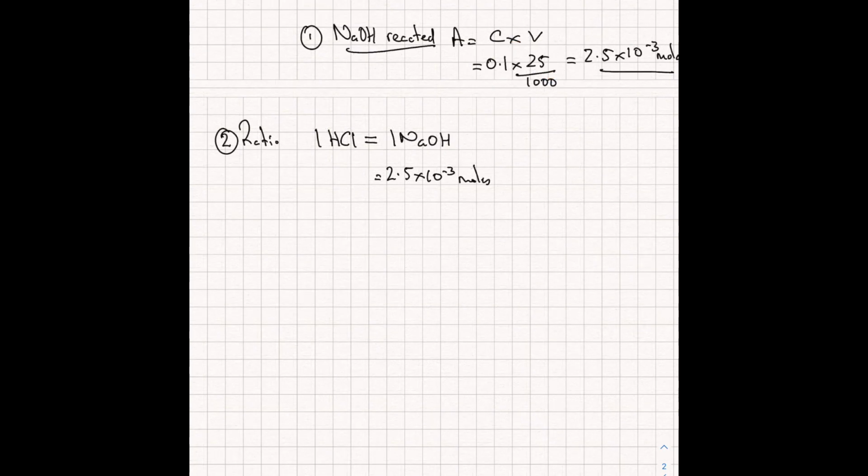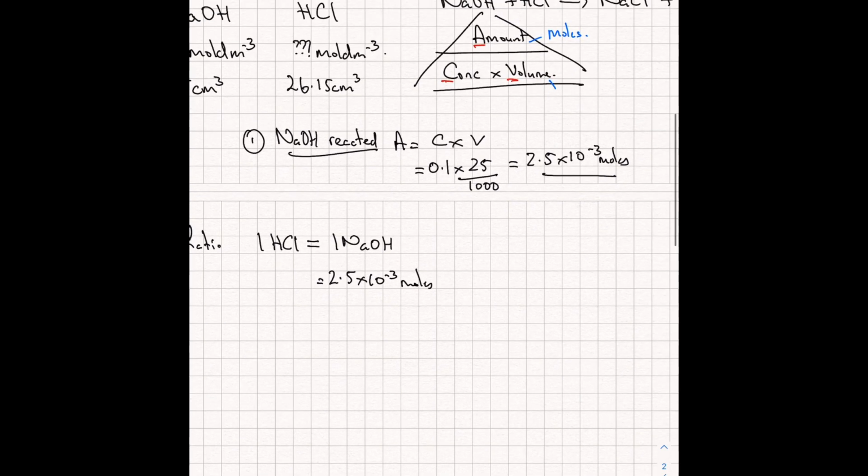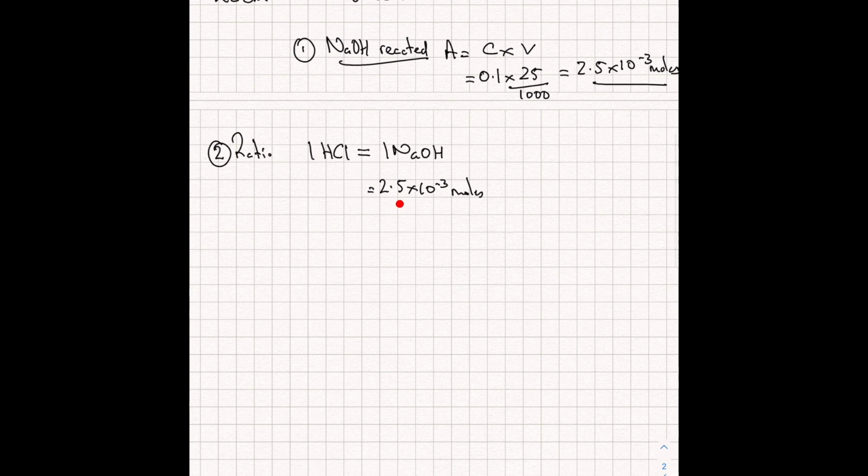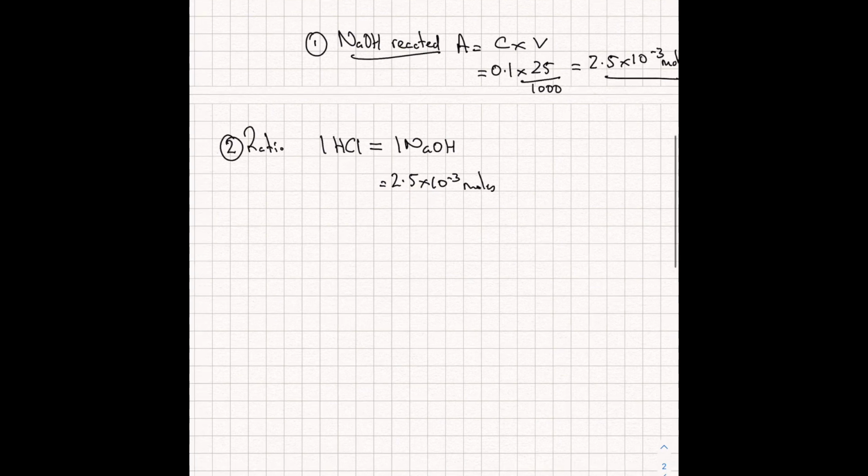The next stage is to use the ratio from the balanced equation, and we had 1 mole of HCl reacting with 1 mole of sodium hydroxide, as you can see here. We've just worked out that we've got 2.5 times 10 to the power minus 3 moles, and because this is a 1-to-1 ratio, we will have the same number of moles of HCl.